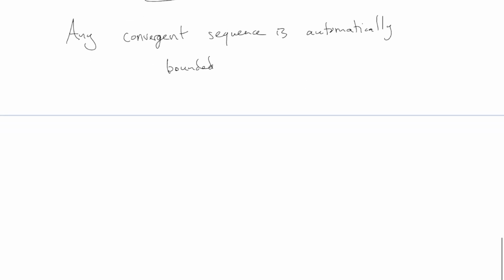That's because if you just think about it on a picture here, a convergent sequence means when I draw the dots, I don't know what they do at first, but eventually those dots have to converge to a particular value like this, right? This is what the picture of a convergent sequence looks like.